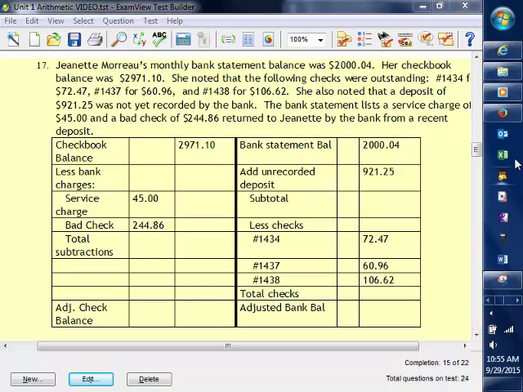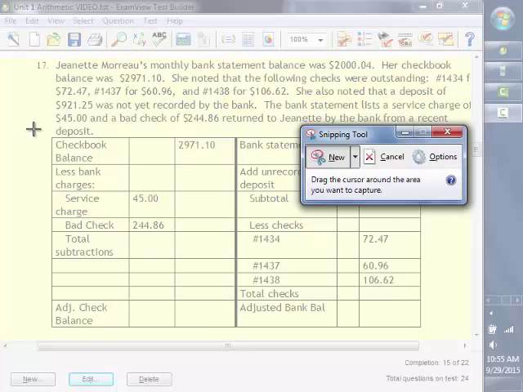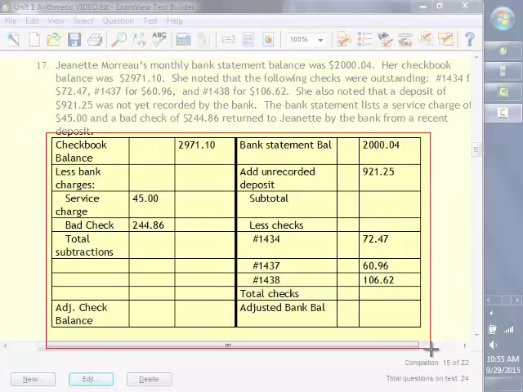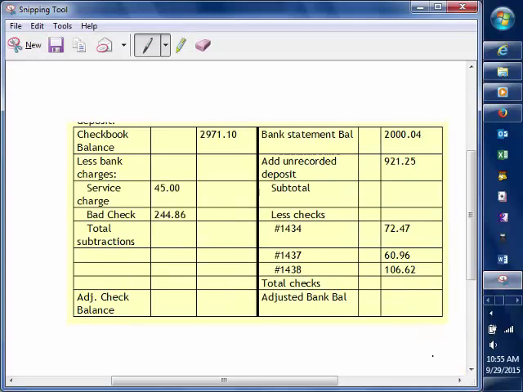Now, some people make this a lot more complicated than it needs to be. All of the information up on top is already found in the chart here. I had already filled in stuff for you. So on this side of the dark line, we're going to take this number, subtract this because it says less, and subtract this.